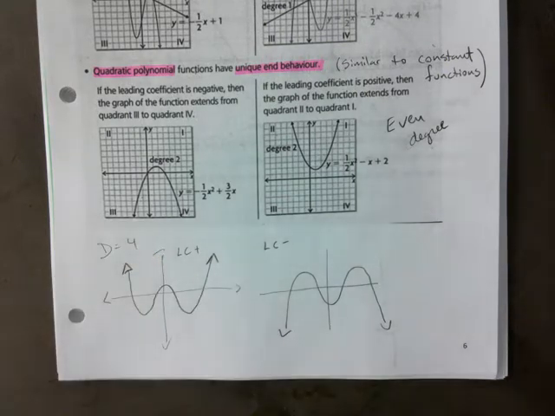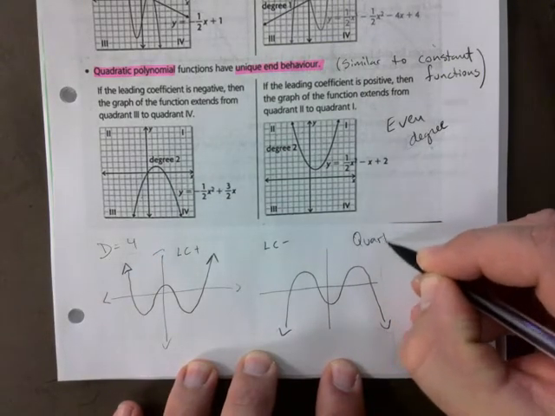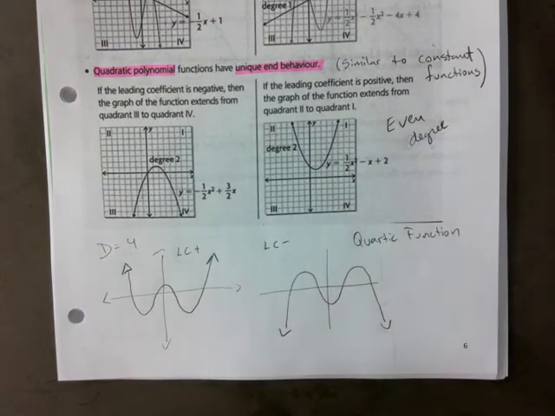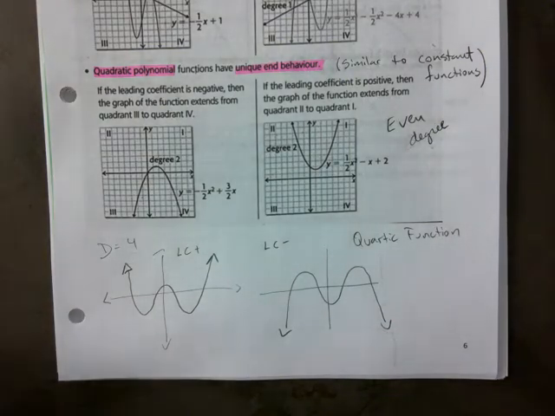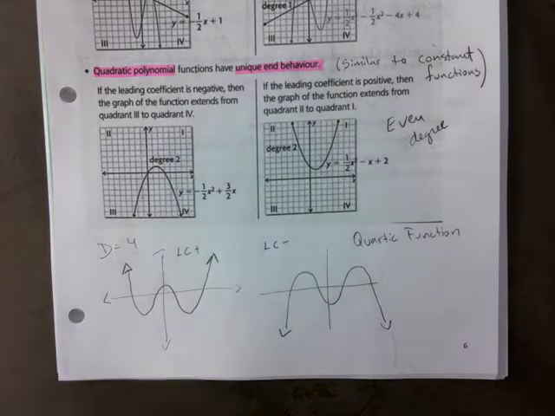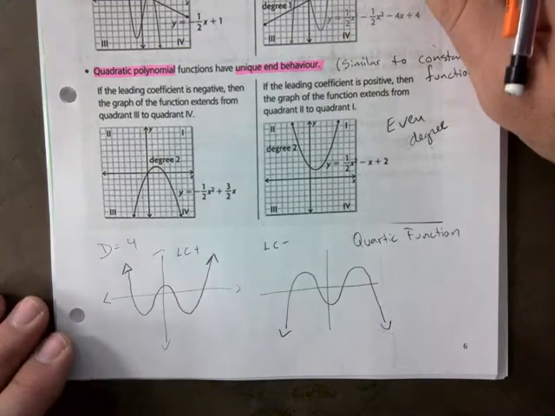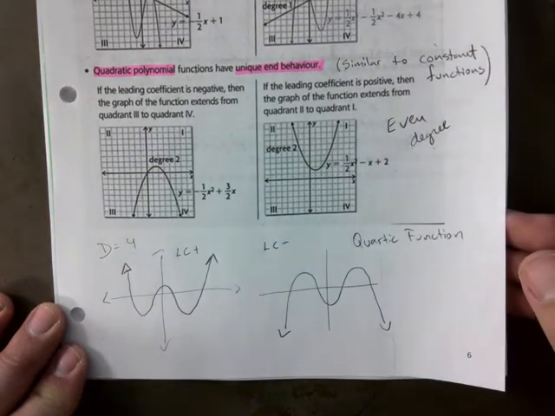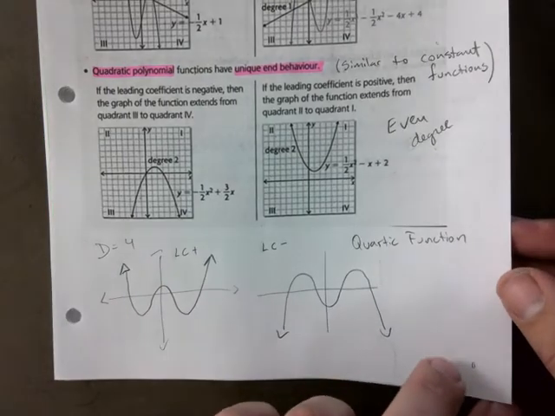It has an even degree. This is a quartic. You will not have to deal with it in terms of finding points on it or graphing it. You don't have to worry about it, but you do need to know that even powers, even degrees have the same end behavior, odd degrees have the same end behavior. Okay? A lot of information, I know. I'm going to try to synthesize that in a bit.